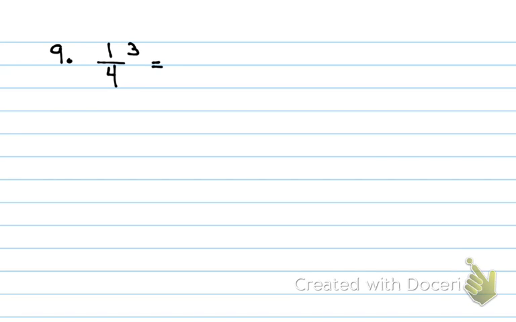Okay, number 9. 1/4 raised to the 3rd power. Go ahead and evaluate that. There's some confusion when it's a fraction, so hopefully we can clear that up. Here's what this means, guys. This means 1 times 1 times 1 over 4 times 4 times 4. You're raising the numerator and denominator to the 3rd power.